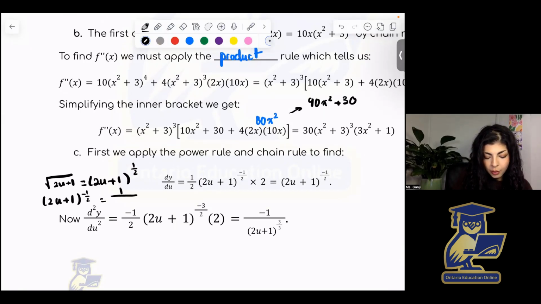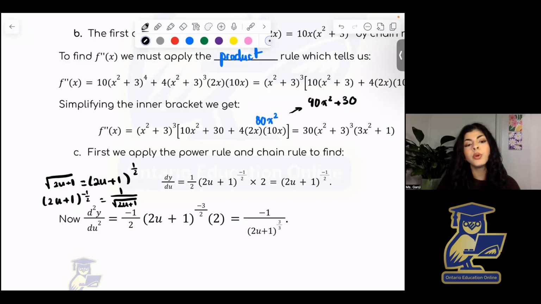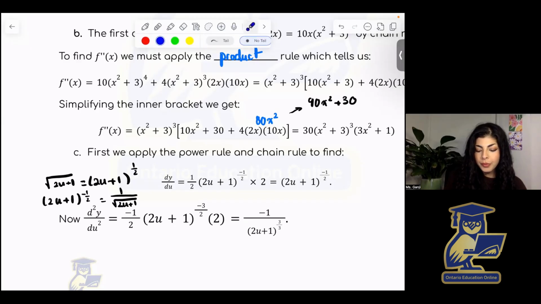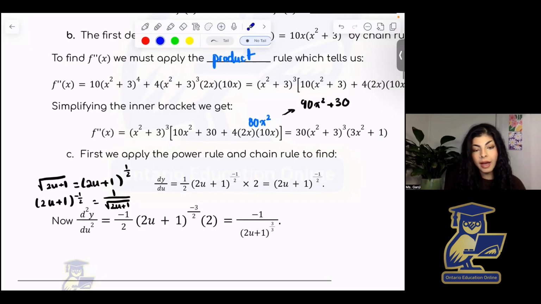This is 1 over the square root of 2u plus 1. But you don't need to rewrite it as that. You can just keep it as the negative exponent. It will be fine here. And then the 2 is just the derivative of 2u plus 1. And then the 2 and the half just simplify to 1, and I'm left with (2u plus 1) to the power of negative 1 over 2.